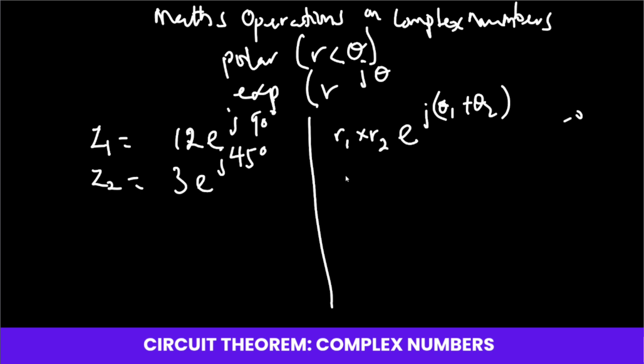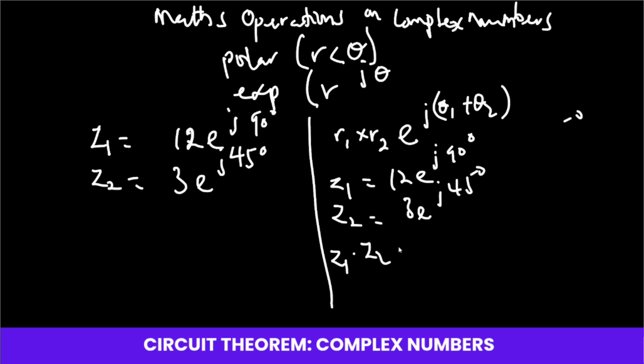Okay, so let's solve this. Z1 equals 12e j 90 degrees, and Z2 is equal to 3e j 45 degrees. Okay, so our Z1 Z2 is equal to 12 by 3, e exponent j, and the sum of the angles, all in degrees.